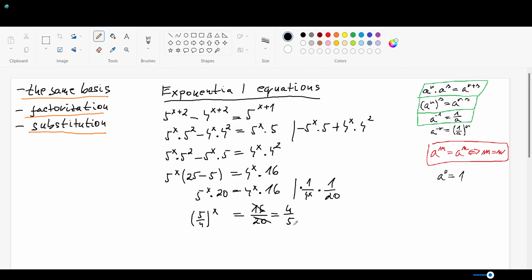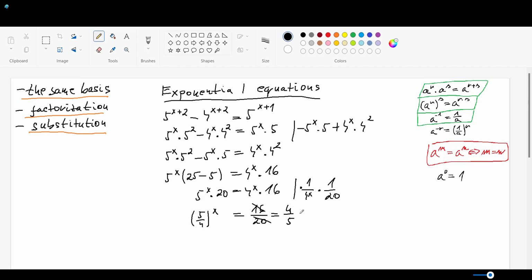Now I'm pretty sure you can see that this is a number which can be very easily written as 5 over 4 to the power of -1, so that we have the same basis. The question is, which fact or which formula do we use? Yes, again we use the third formula, but now we do it the other way around.